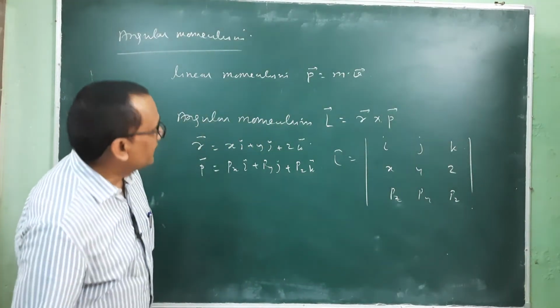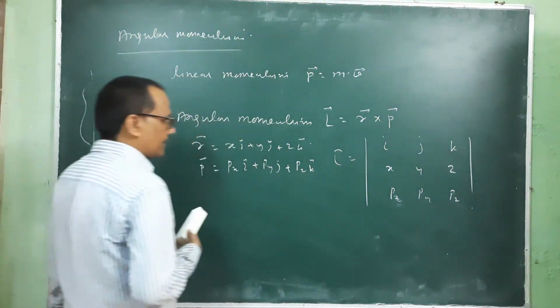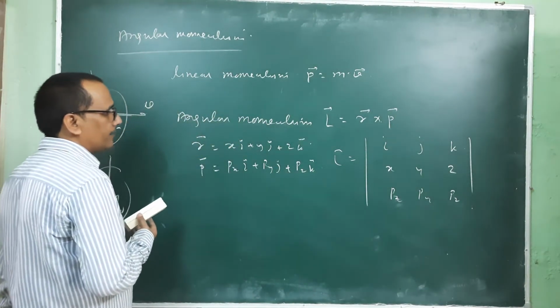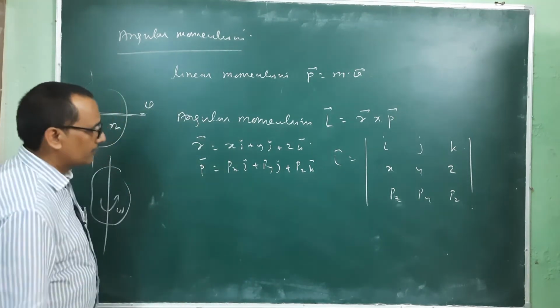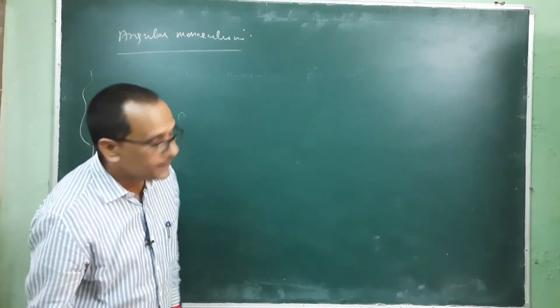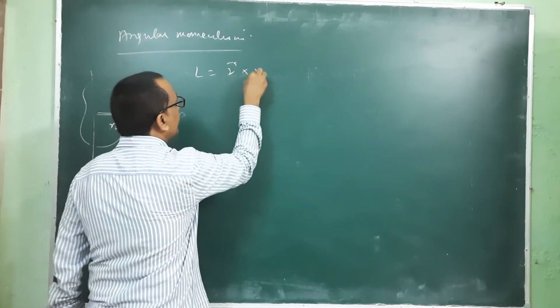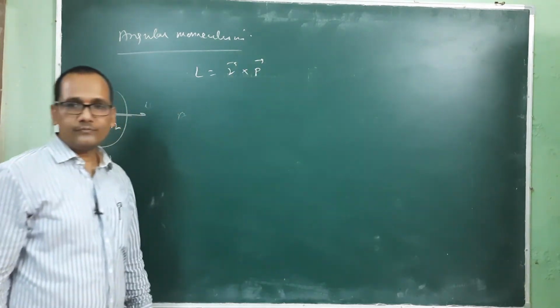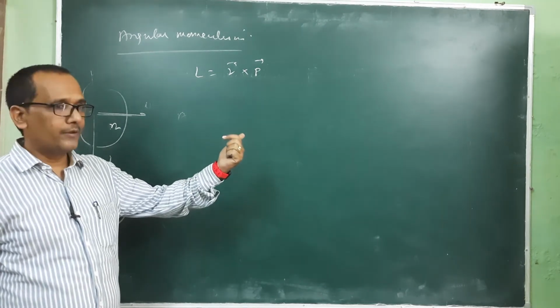Let us also take the derivative of L and get the relation between L and tau. If we have angular momentum L equal to R cross P, you can calculate its units and dimensions.